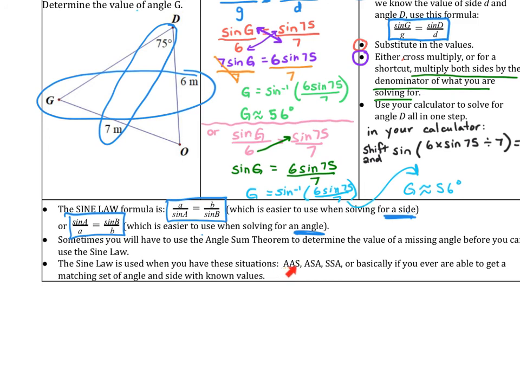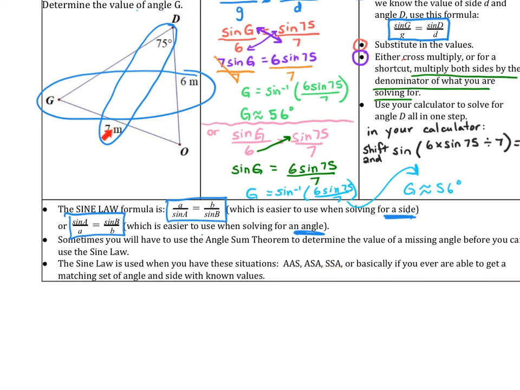So if you know two angles and a side, it doesn't matter where the side is, or if you have two sides and an angle, and the order here is important. The A is not in between the S's, so that means the angle you know is not in between the two sides.